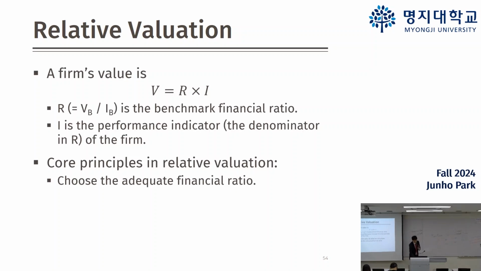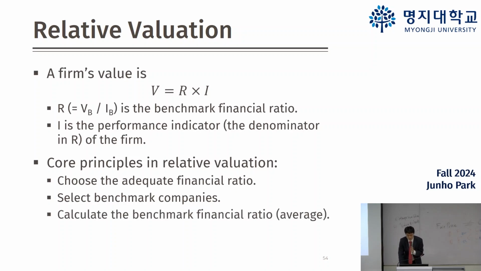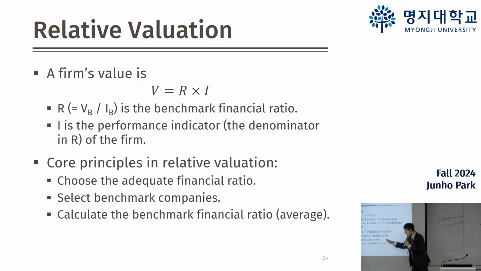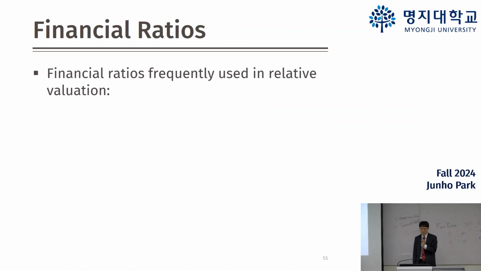Second, you should select their benchmark. You should select their competitors or the companies with similar characteristics. And finally, you can get your target company's financial ratio, and then you can apply the relative valuation.